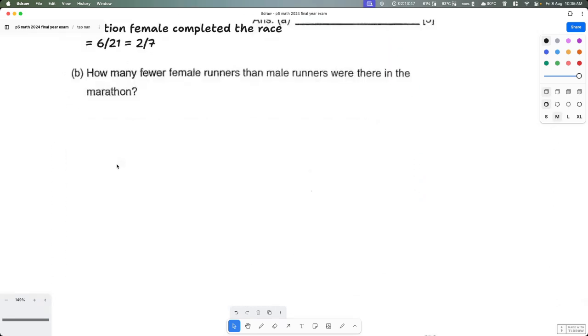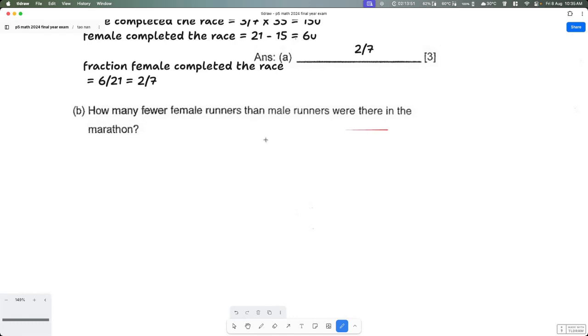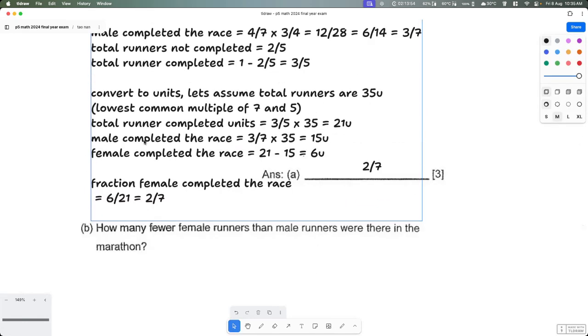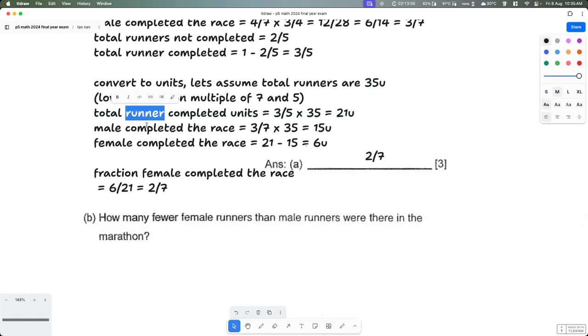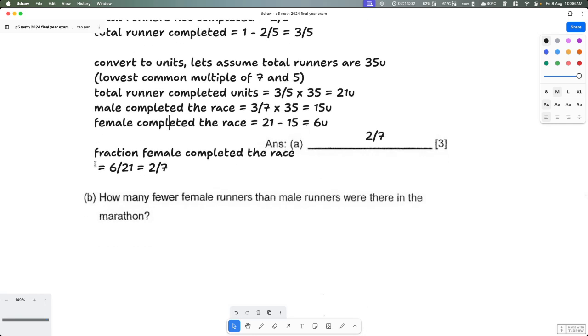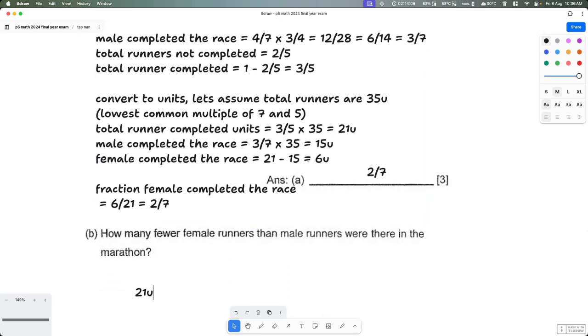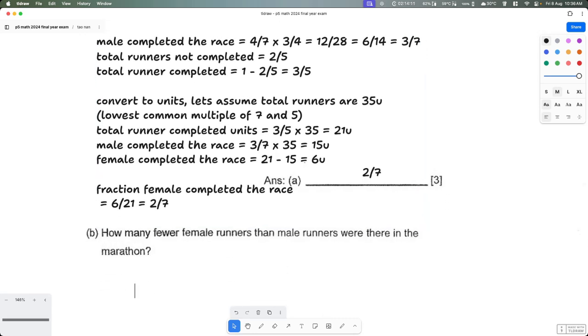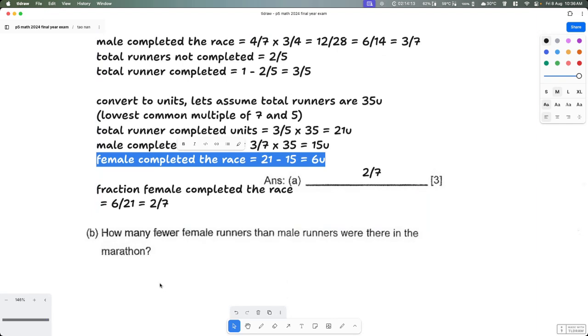Okay, so for part B, how many fewer female runners than male runners were there in the marathon? So we know that total runners completed is equal to 21 units, and female completed the race is 6 units.